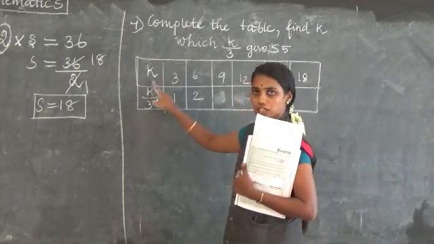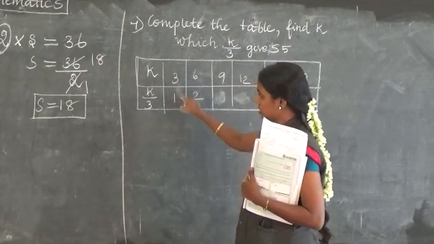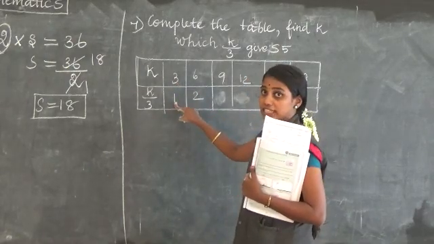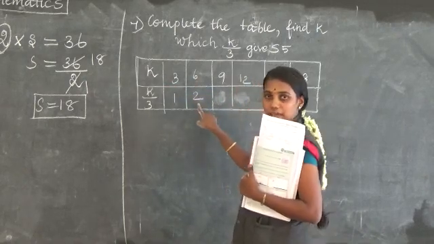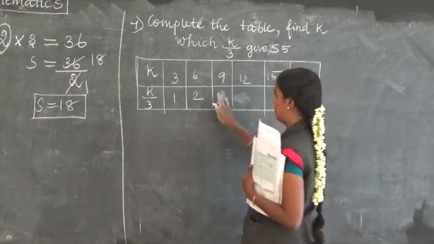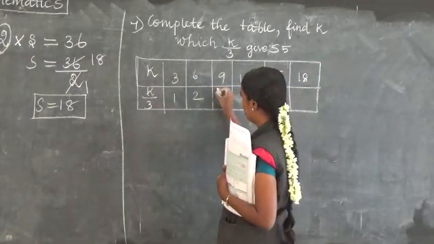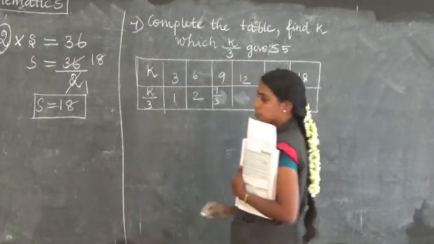Apply the values. When the k value is 3, k by 3 is 1. When k value is 6, k by 3 is 2. When k value is 9, apply it: instead of k, write 9 by 3. Do you all know the 3 table?